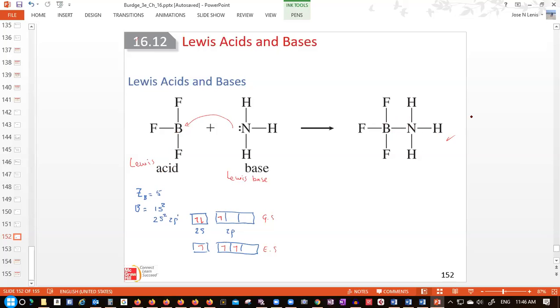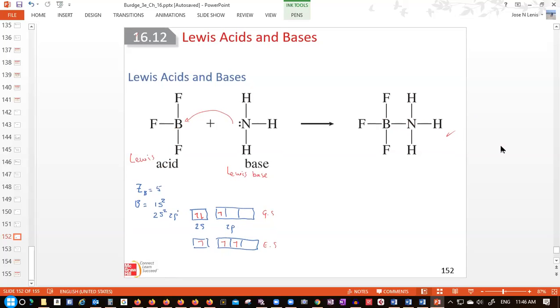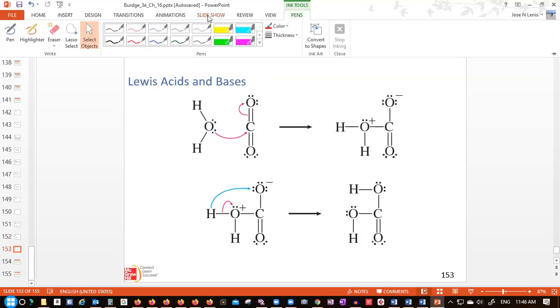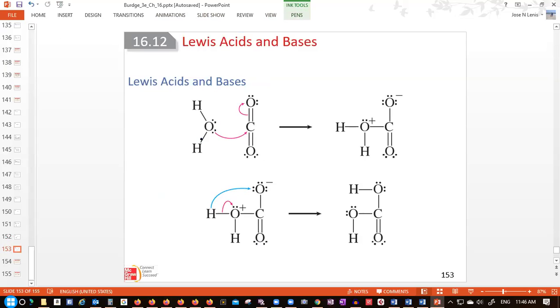This concept of Lewis acid is widely applied in organic reactions. This is another example of Lewis acids and bases. Look, water. According to this, let's classify which one is the Lewis acid and which one is the Lewis base. Let's identify that. This mechanism is showing that this pair of electrons is going to be donated to the carbon. Therefore, here, water is working as a Lewis base, right?